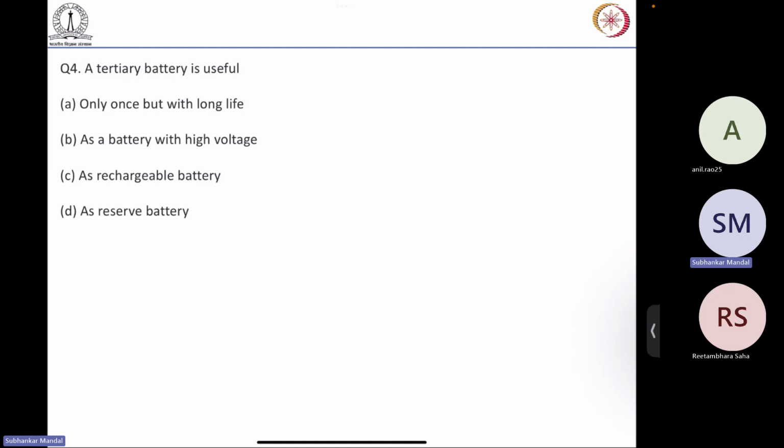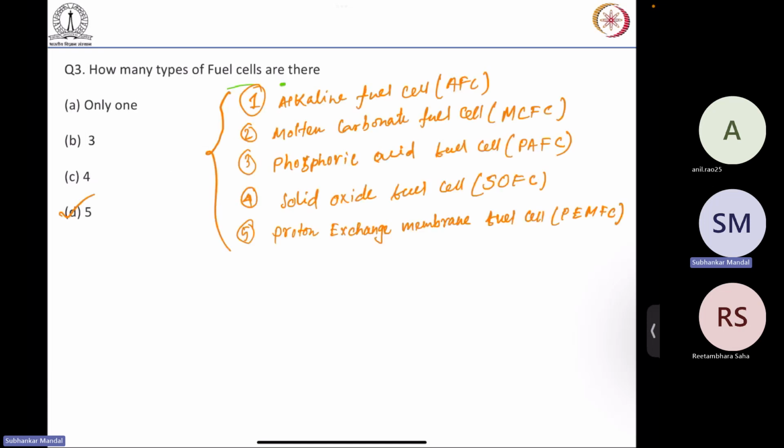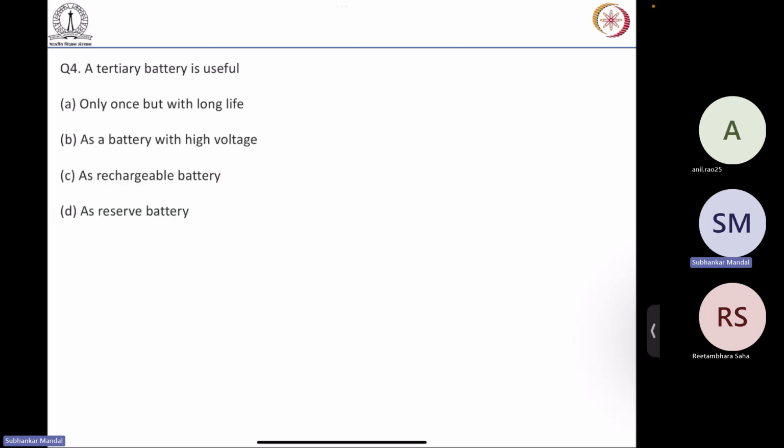Anil has written D, so I did not get it, because in the last question also it is D. So if this answer is for this question, then you can write again. What will be the answer?